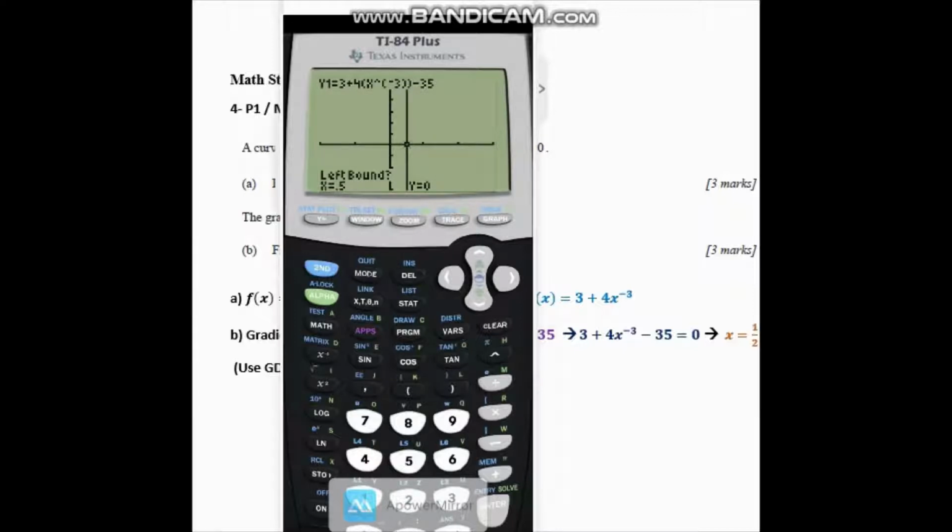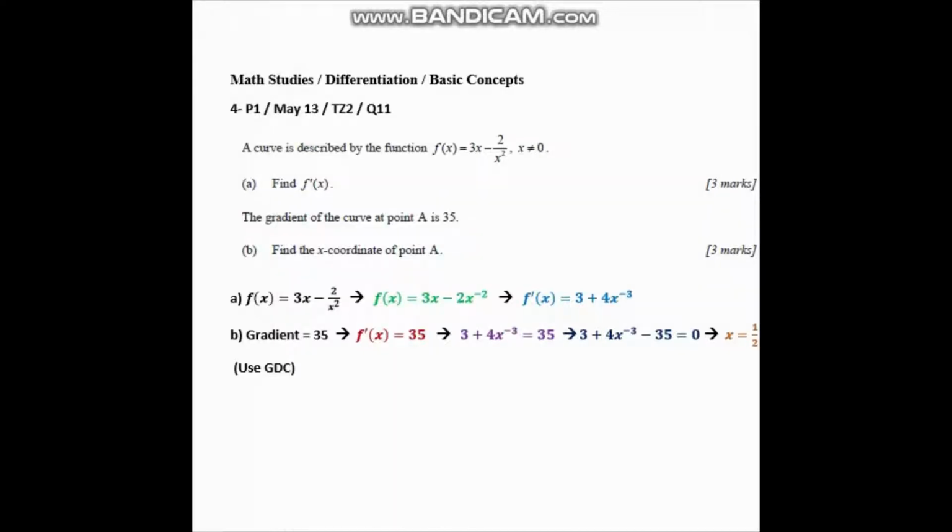I'm required to identify the left bound, so I'll just click enter. Right bound, so I'll click enter and guess. So I am told that y equals 0 when x equals 0.5. Hence, my x coordinate is half.